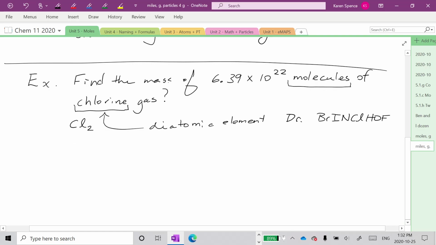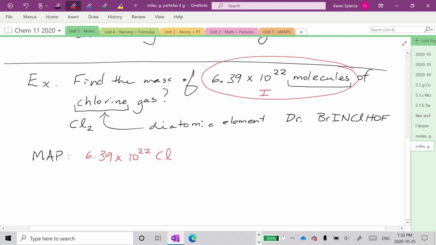Okay, so now let's do our little map here. Where are we starting? Our initial quantity is 6.39 times 10 to the 22 chlorine Cl2 molecules.